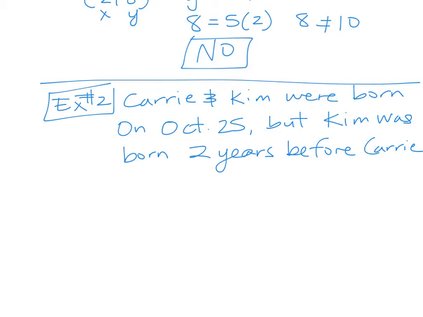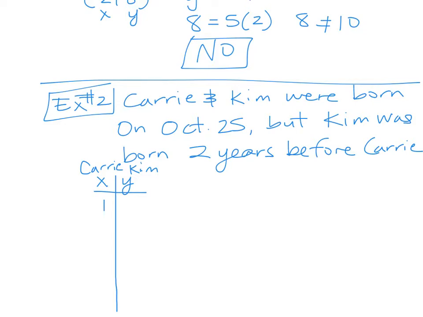So first thing you're going to do is you're going to set up what we call a T-chart, where you have an X value and you have a Y value. But our X and Y are people right now. So you are welcome to just call them Carrie and Kim. Okay? So here's the question. If Carrie is 1 year old, how old is Kim?